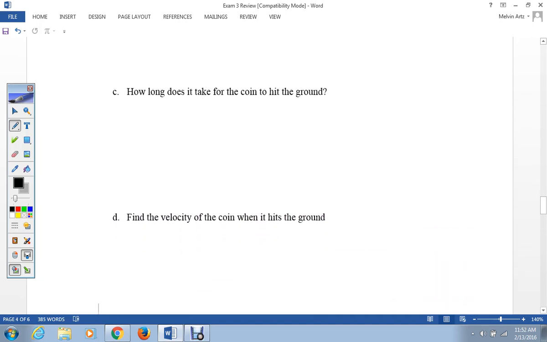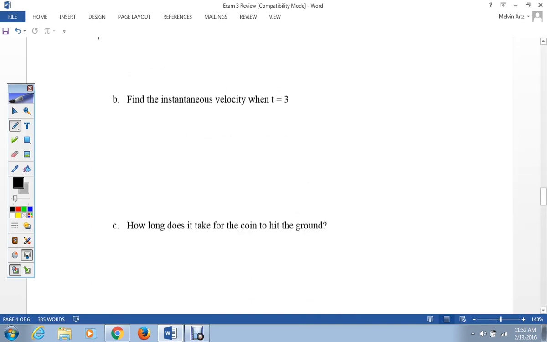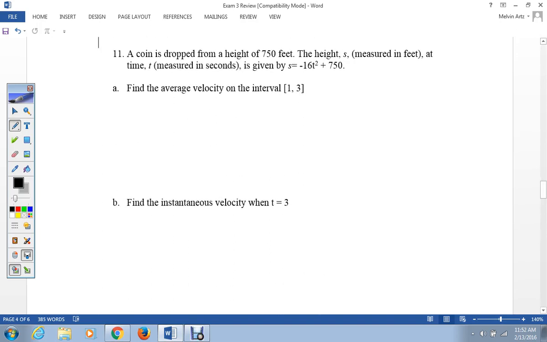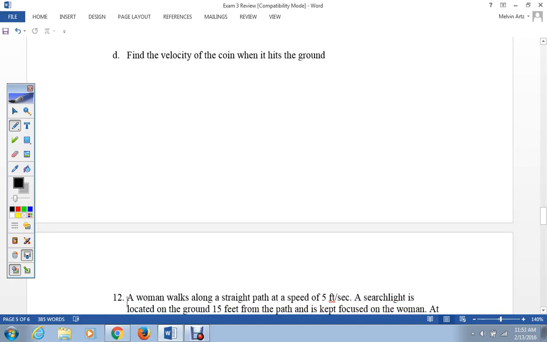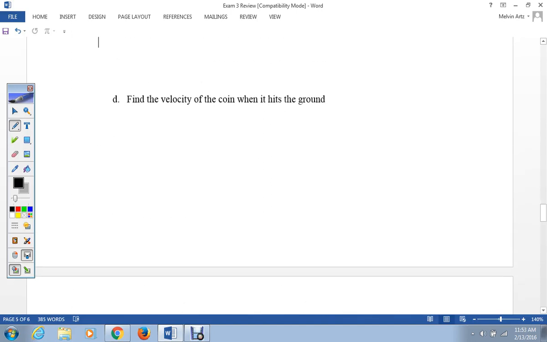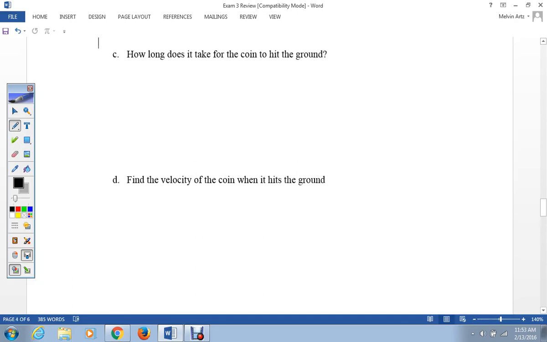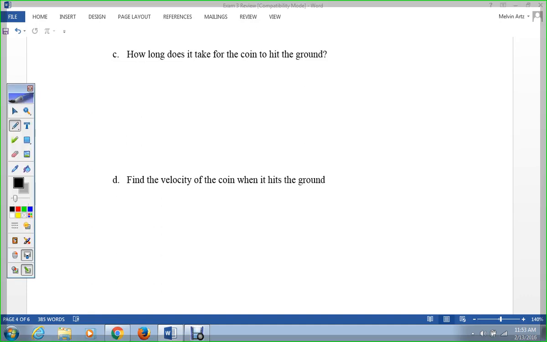How long does it take for the coin to hit the ground? So let's remind ourselves the position function is s of t equals negative 16t squared plus 750. It's asking how long does it take for the coin to hit the ground.